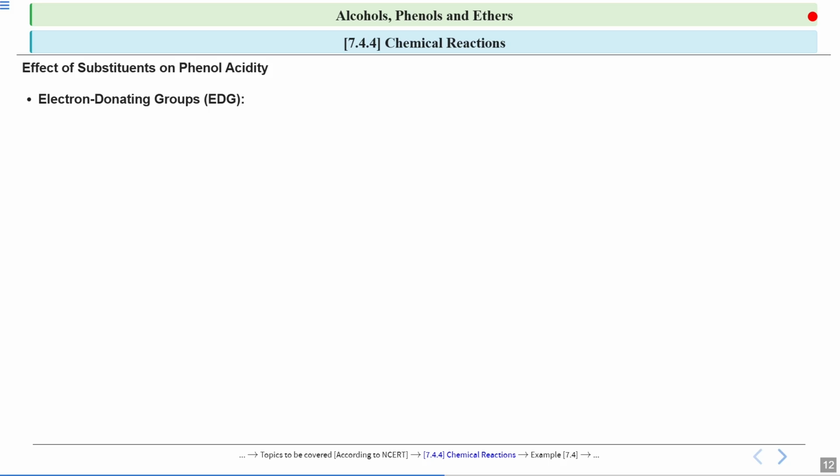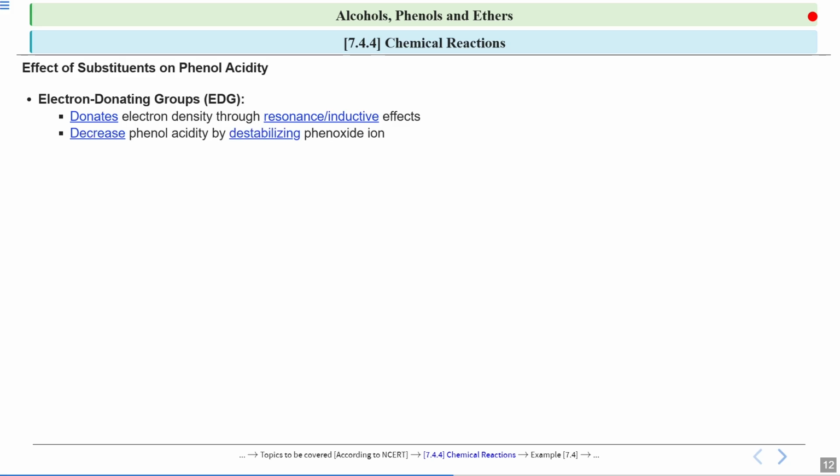Okay, so electron donating groups donate the electron density through plus R and plus I effects. So they decrease the phenol acidity by destabilizing the phenoxide ion. In case of electron donating groups, the phenoxide ion is not stabilized. So if there is less stability of the phenoxide ion, the acidity will also be less.